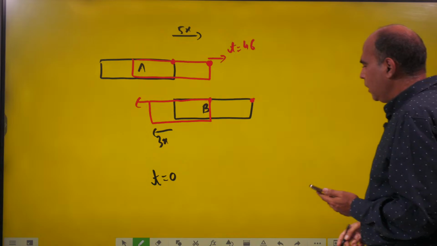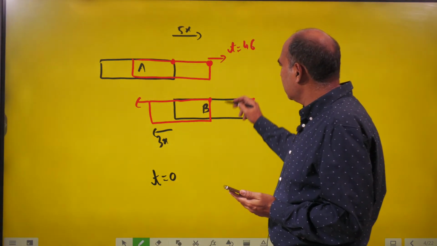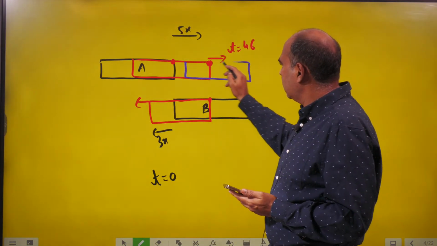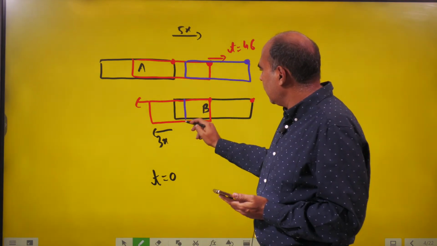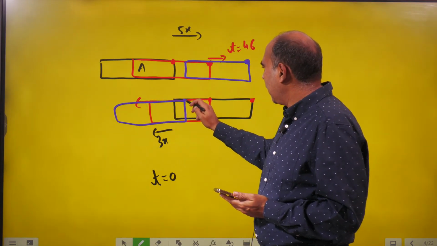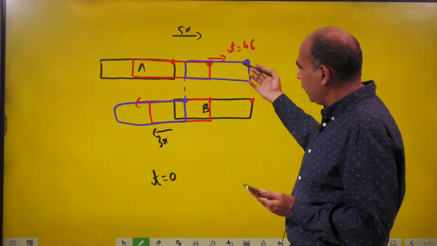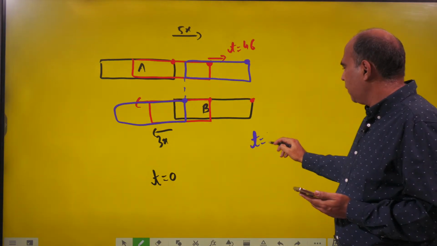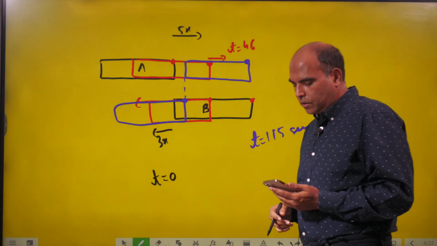So what this is telling me now is that from this point, this train maybe goes here, the front end reaches this point, and at the same time this train has reached this point. And the back end of this train has reached this point and now they are crossing. So at t equals 46 this happened, it takes another 69 seconds for this to happen. So at t equals 115 seconds this situation has happened.